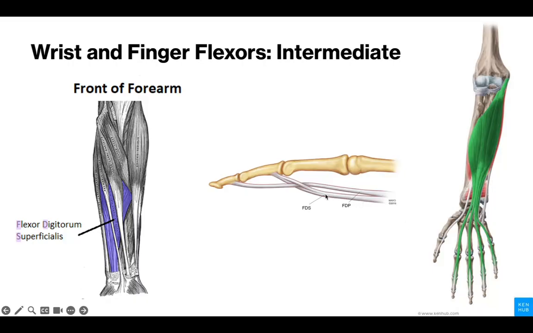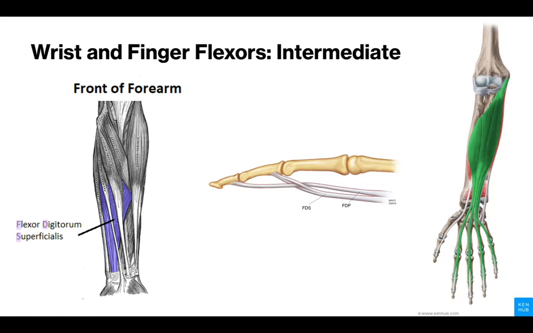Okay, and so you can see FDS, and you can see that it splits a little bit before it inserts at that middle region, and that allows for the next muscle to squeeze through and insert itself onto the distal region of these phalanges. Okay, so FDS, flexor digitorum superficialis, is going to flex the hand at the wrist, right?